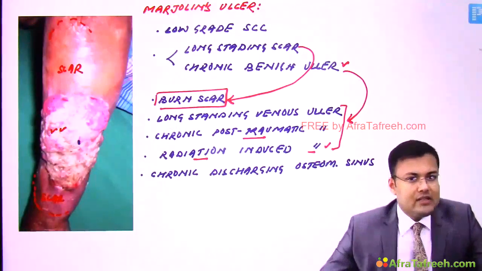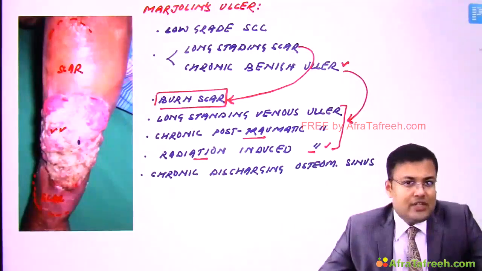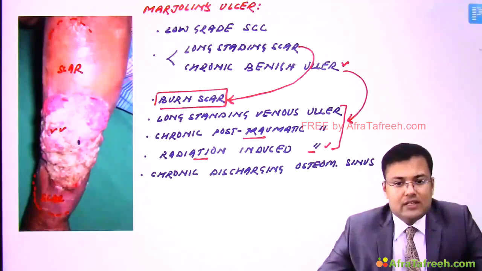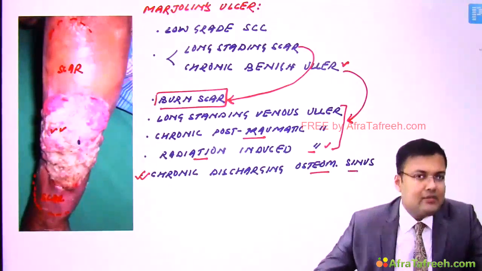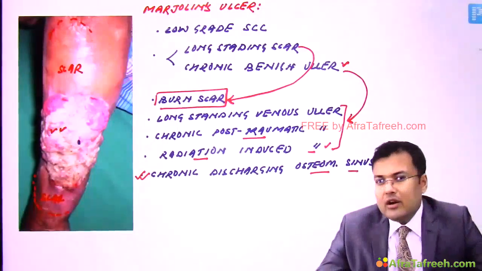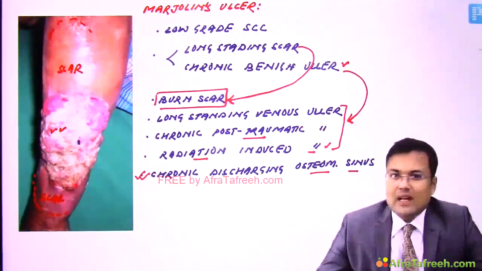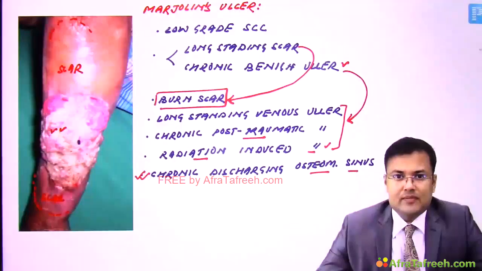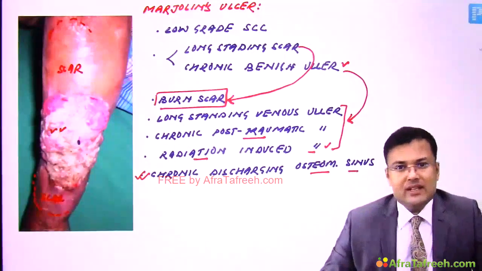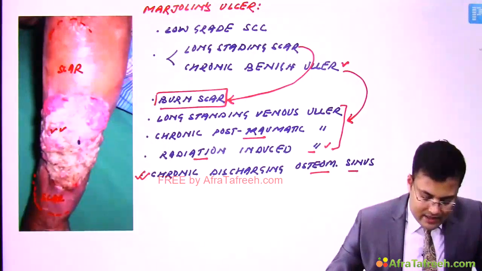From these ulcers the patient might develop Marjolin's ulcer. And a chronic discharging osteomyelitic sinus also increases the risk of Marjolin's ulcer.